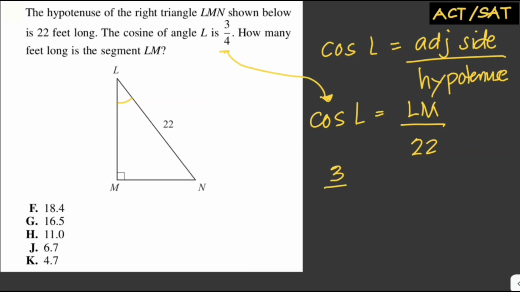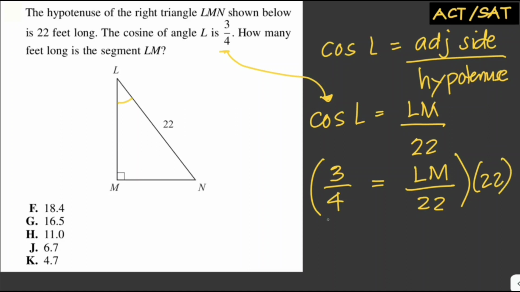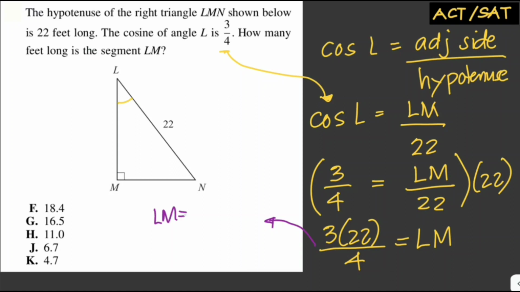So that would be 3/4 equals LM over 22. And we can multiply both sides by 22. So we have 3 times 22 over 4 equals LM. So LM is just equal to 66/4, or this is just equal to 16.5. So the answer here is letter G.